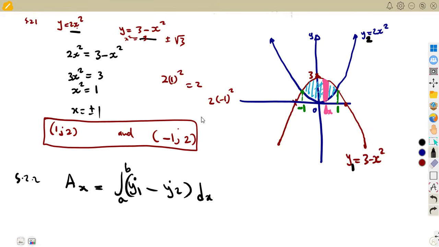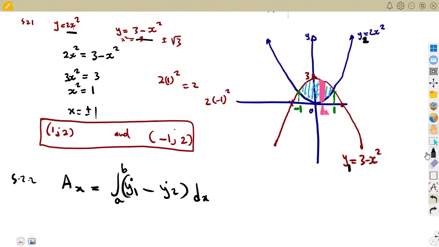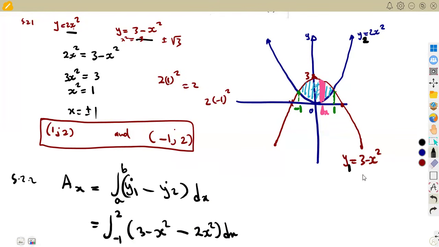So that's the idea, meaning we can calculate our area. Everything is there. There's no need for you to make anything the subject here. You're just substituting and integrating with the limits from -1 up to 1. This is our y1, which is 3 minus x squared, minus y2, being 2x squared. So this is what we have with respect to x.